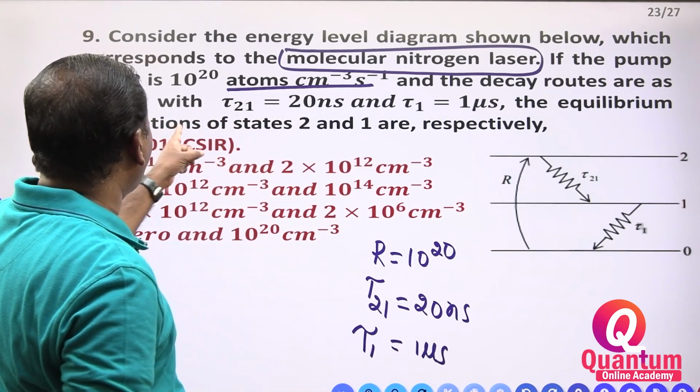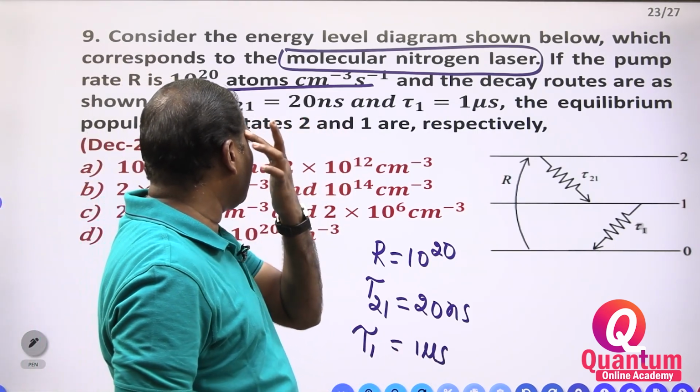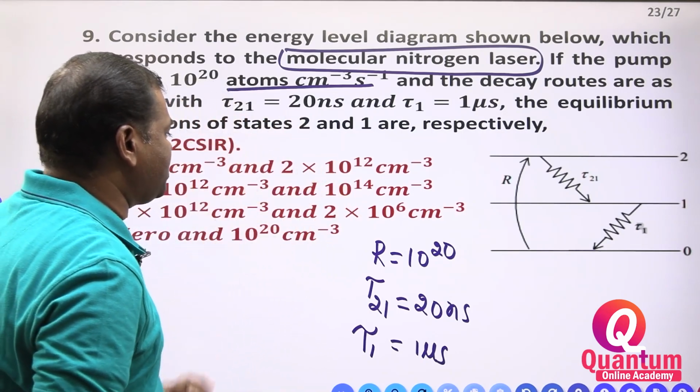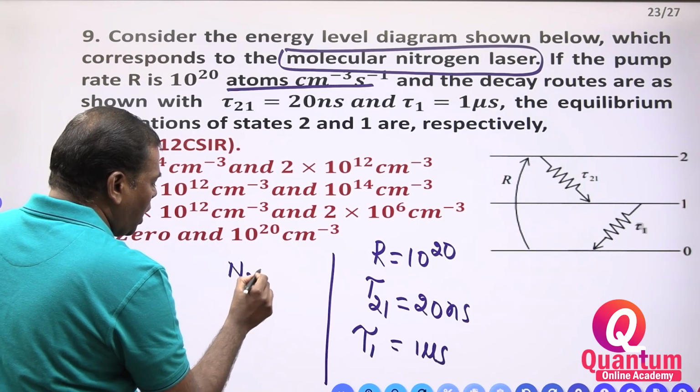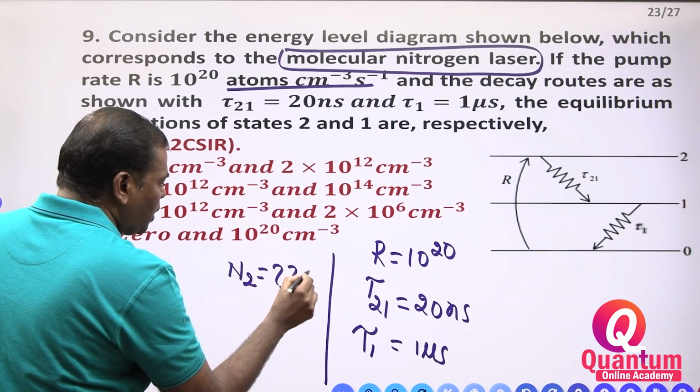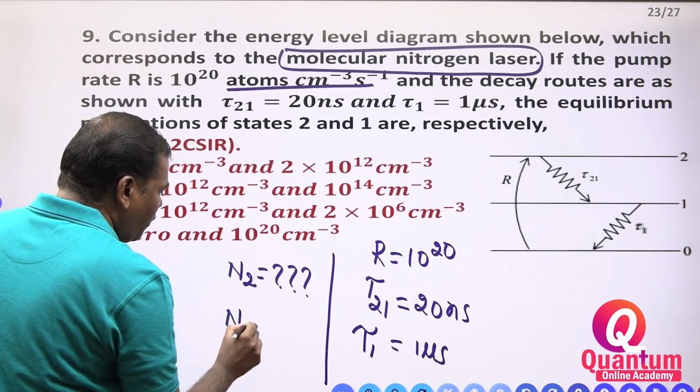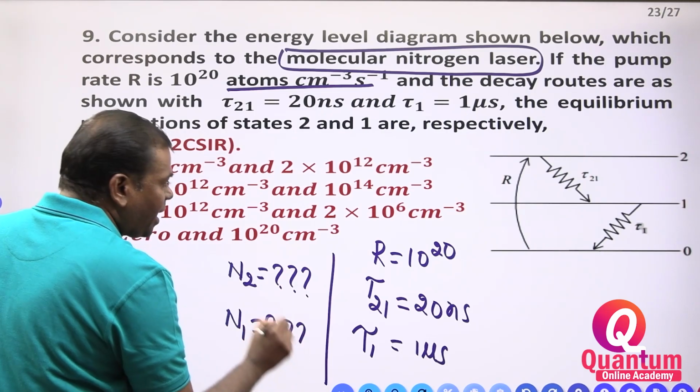The equilibrium populations of states 1 and 2 respectively they are asking. The equilibrium population N2 is equal to how much? N1 is equal to how much, they are asking.